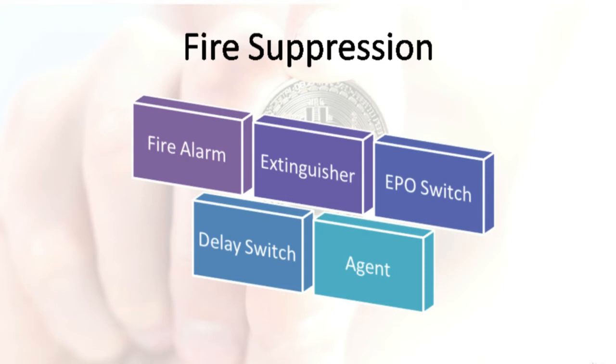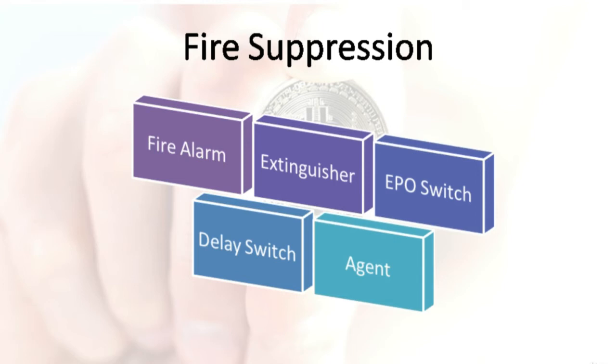In addition, in the case of a catastrophic event, such as the electrocution of a team member, there is also usually an EPO switch installed in critical locations, such as the main entrance door, for manual power cutoff. Again, a lot of this is to prevent harm to you or your team operating within the mining farm facility.